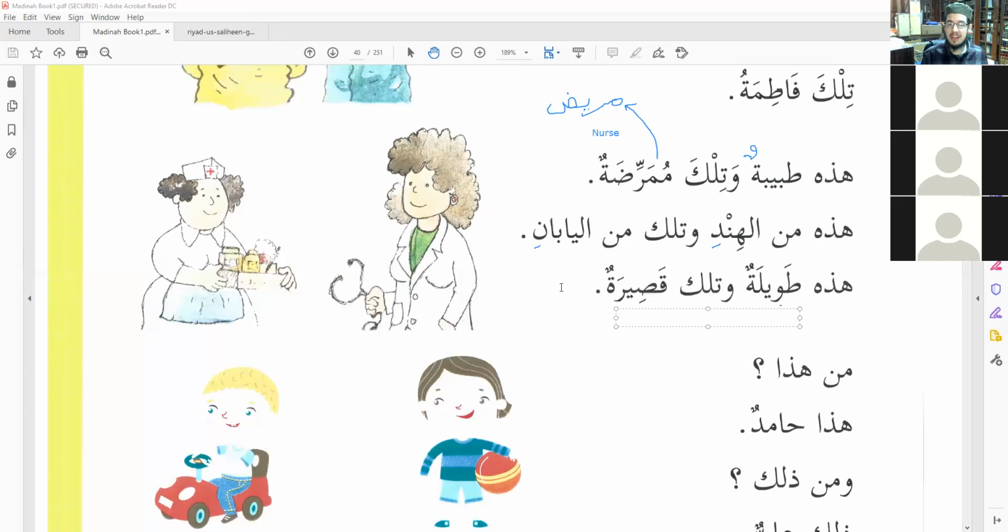And Qasira, or Qasir, or its feminine form, Qasiratun, is short. So this lady here, the doctor, is supposed to be tall. And the nurse is supposed to be short. That's what they're trying to show you. Okay.